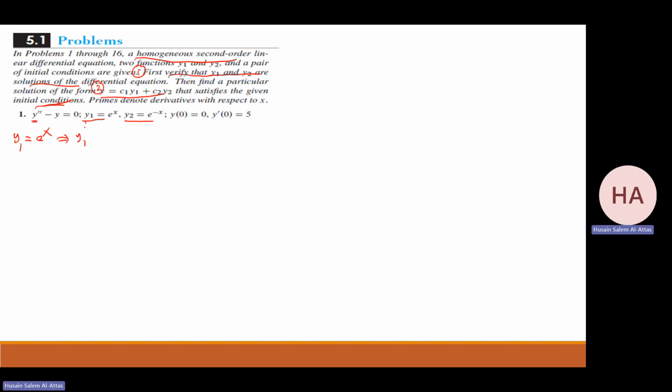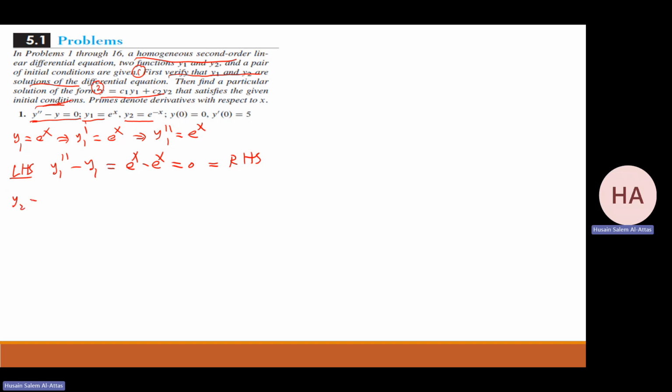So I have y1 prime e to the power x, y1 double prime e to the power x. Now satisfy the equation, just substitute. I have left-hand side y1 double prime minus y1. That would be e to the power x minus e to the power x, which is 0, which is the right-hand side. So y1 is a solution.